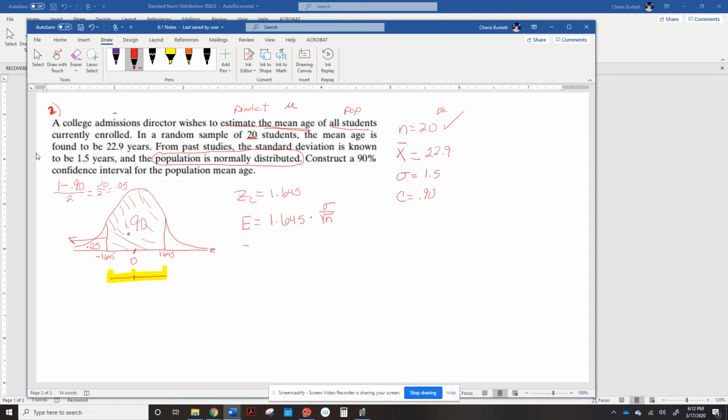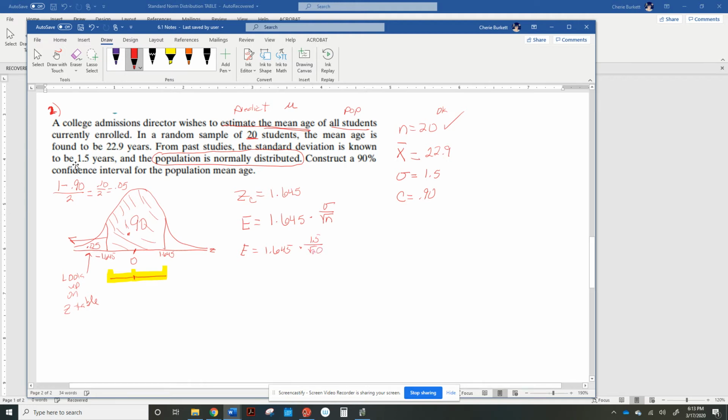But to finish finding our margin of error, we take the 1.645, and remember how we calculated that. We looked that up on the Z table. And then we multiply that times 1.5 divided by the square root of 20.